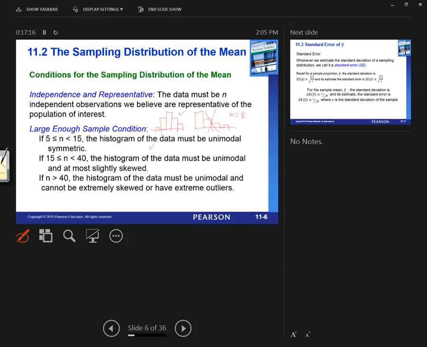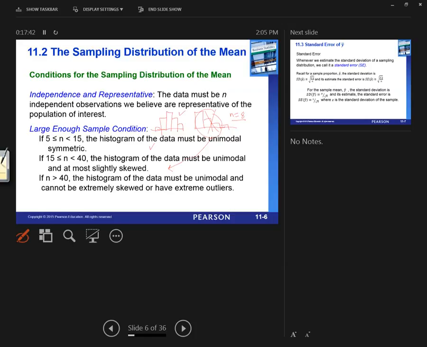The distribution of y bar would not be normal because it's only going to get a little bit more normal for n equal to 8. But once I get to around 15 to 40, as long as it's slightly skewed, this guy over here would work if my sample size was between 15 and 40.